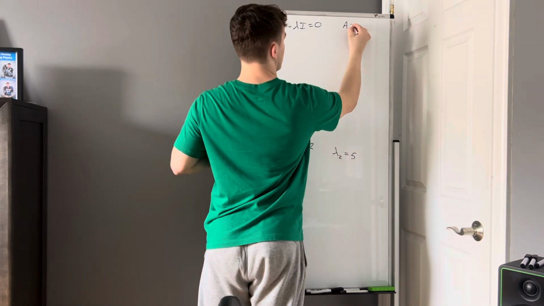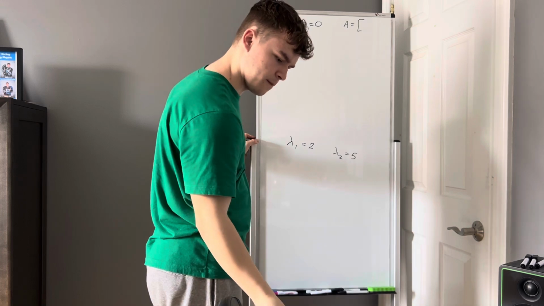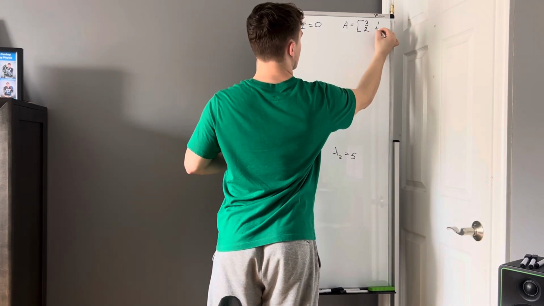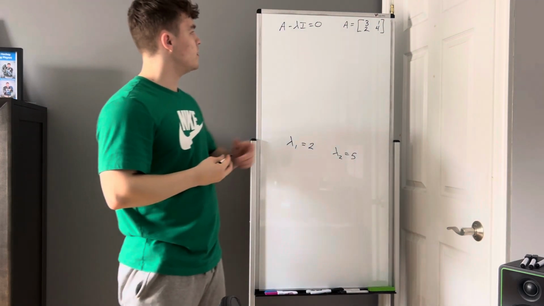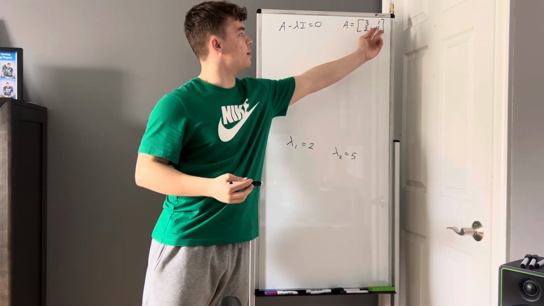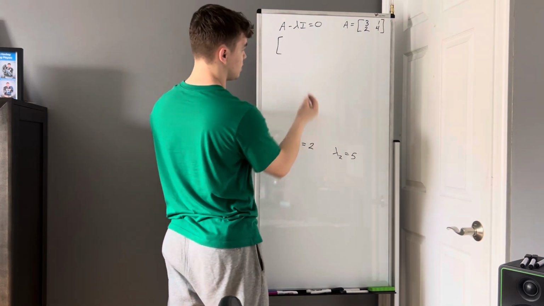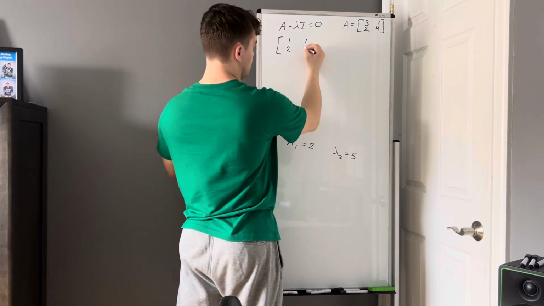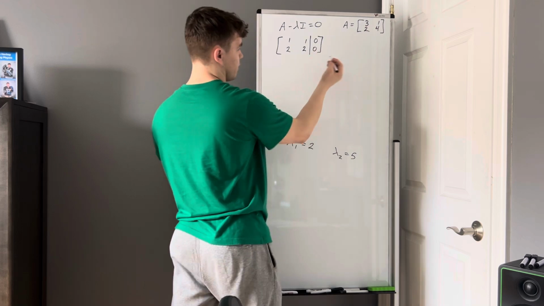So remember that A equals, what was our A? 3, 1, 2, 4. Okay. So now we're just going to subtract lambda 1 from this and set it equal to 0. So 3 minus 2 is 1, and then we have 1, our 2, and our 4 minus 2 is 2. We're going to set this equal to the 0 vector.